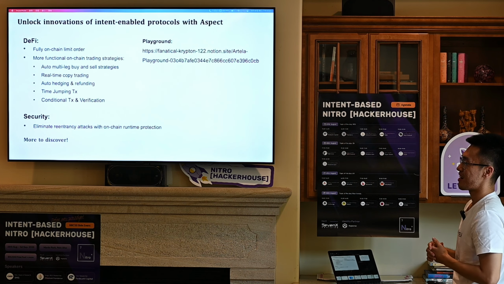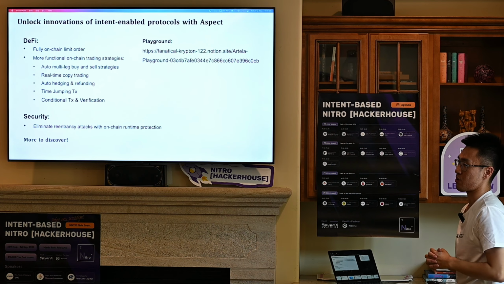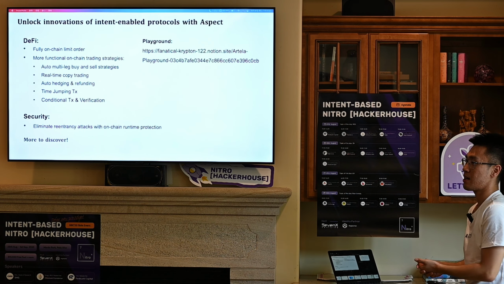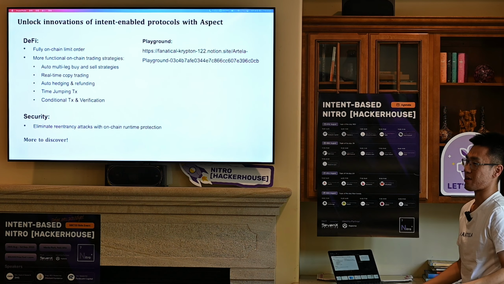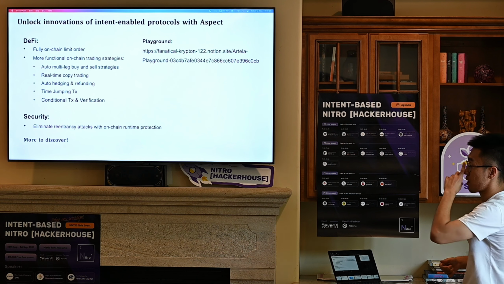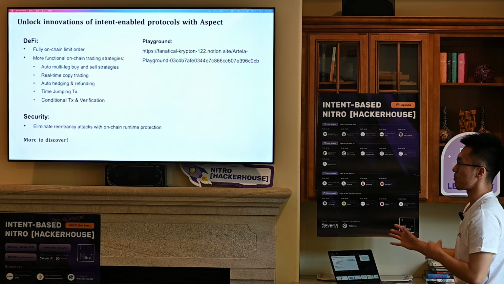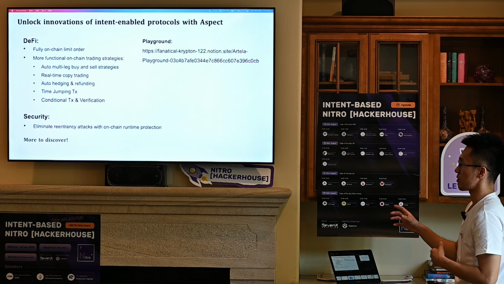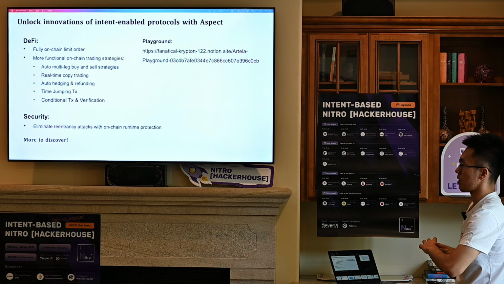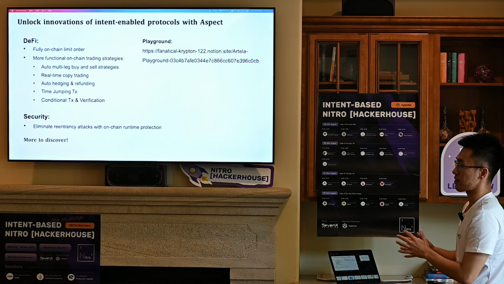And also security. I want to say one thing here: several months ago, unluckily, the Curve protocol got a reentrancy attack and lost 5 million, right? It's a bad thing. It made the crypto world worried that the DeFi world may be unsecure. But even though we are still in the development stage, we try to reach out to them to build together, because we think our solution can enable them to avoid runtime attacks even at the bytecode level.